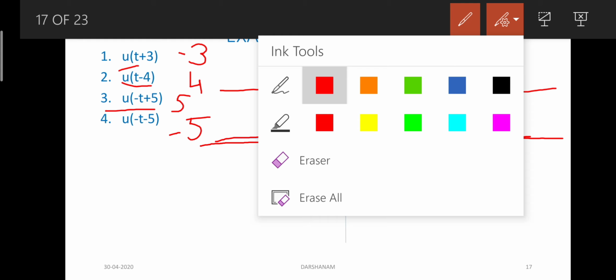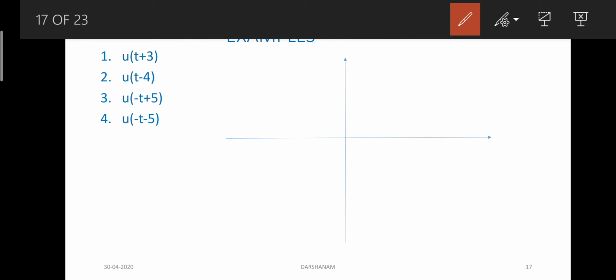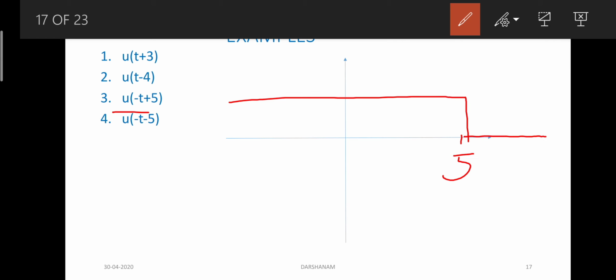So let's erase all and do the third case. This will be the 5 and it will be a downward moving step. In the fourth case, the discontinuity will be at minus 5 and it will be a downward moving step.